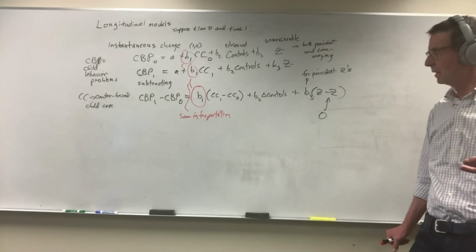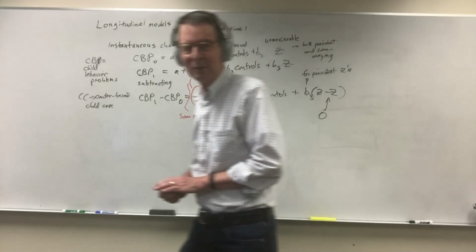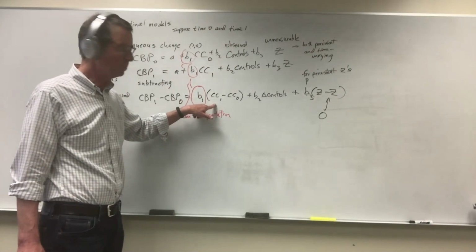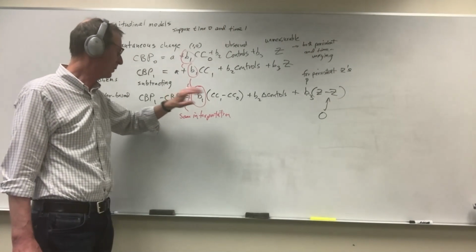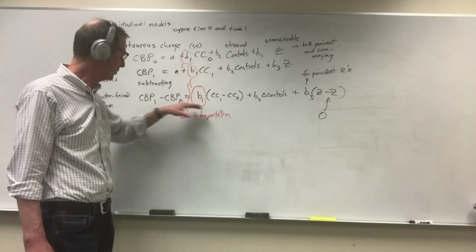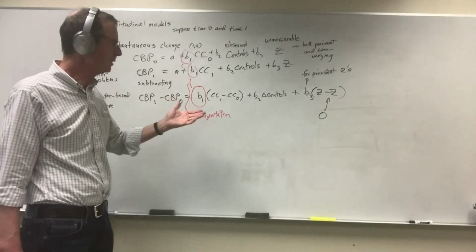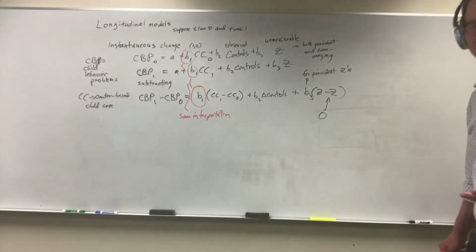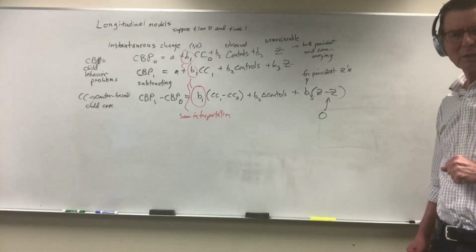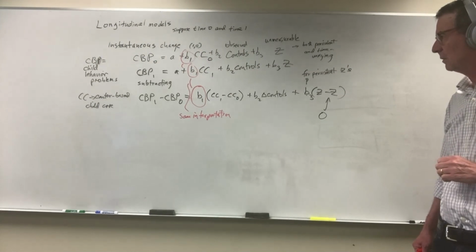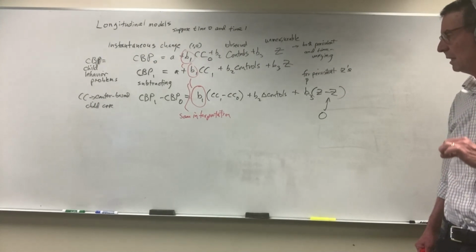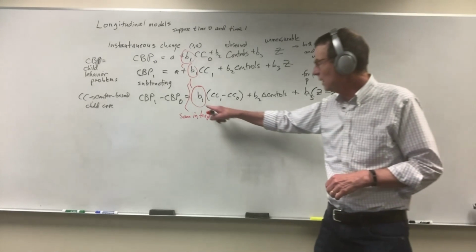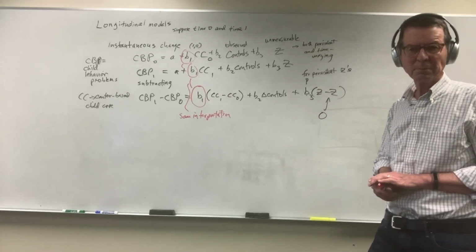If everyone is persistently in childcare or not, then this isn't going to be a very effective technique because you won't have any changers, so you really can't estimate this. But for most situations, X variables of interest are changing over time. Kids are moving in and out of childcare all the time. And if change is persistent enough, pervasive enough, then you're able to get this estimate of B1.